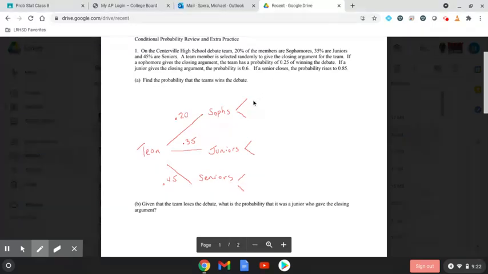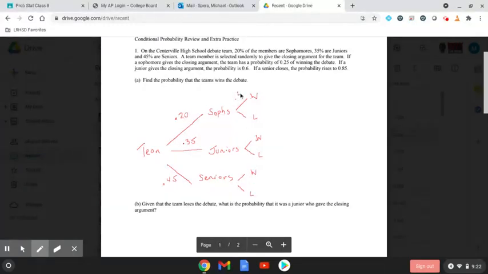So if a sophomore gives it, it's going to be a 0.25. If a junior gives it, it's going to be a point... Sorry, let me label win-loss first, and then we'll go back and put those numbers. The outcome's either going to be a W for a win or an L for a loss.